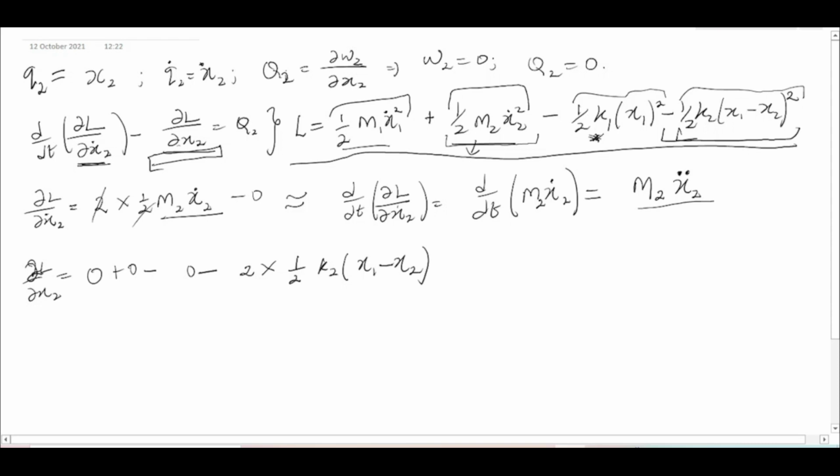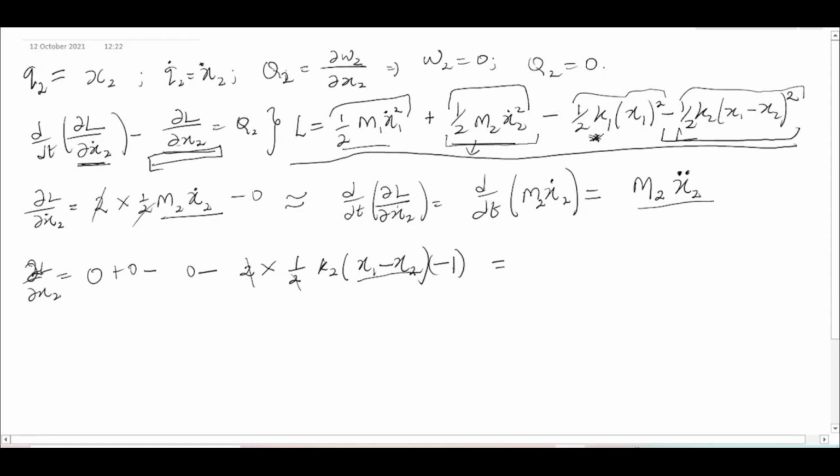If you want to simplify this further, you see that the 2 will cancel the half. Then if you differentiate the inside, we get minus 1. The reason for that is differentiation of a function of a function: you differentiate the power first, then you differentiate the inside.